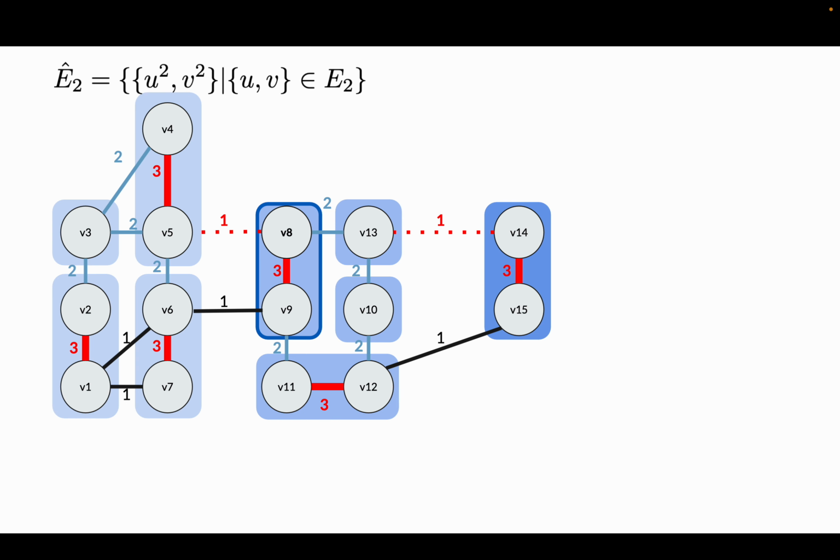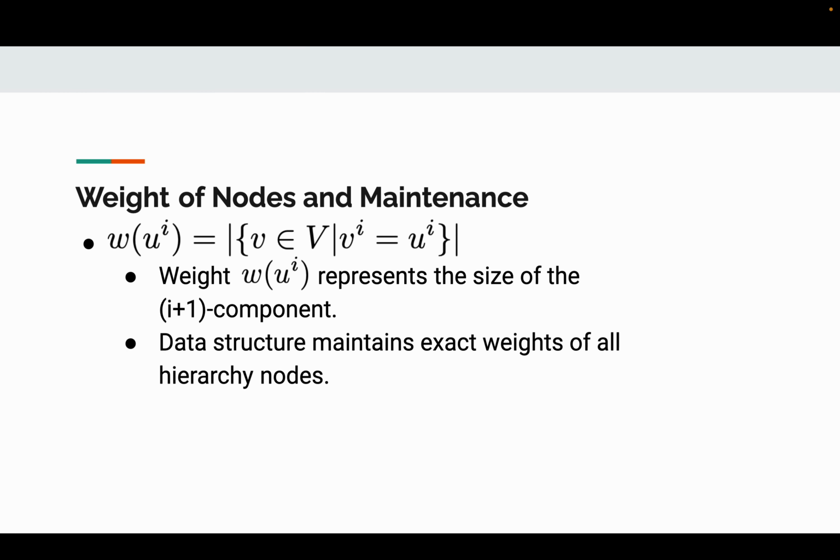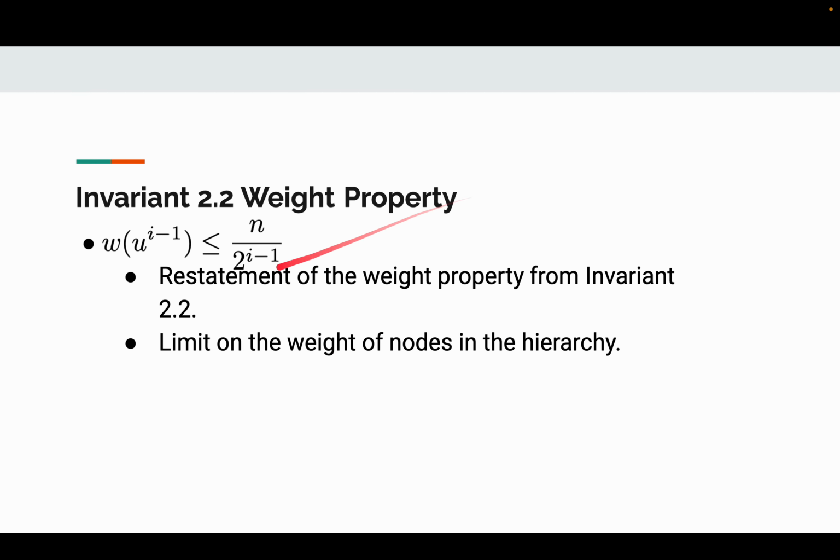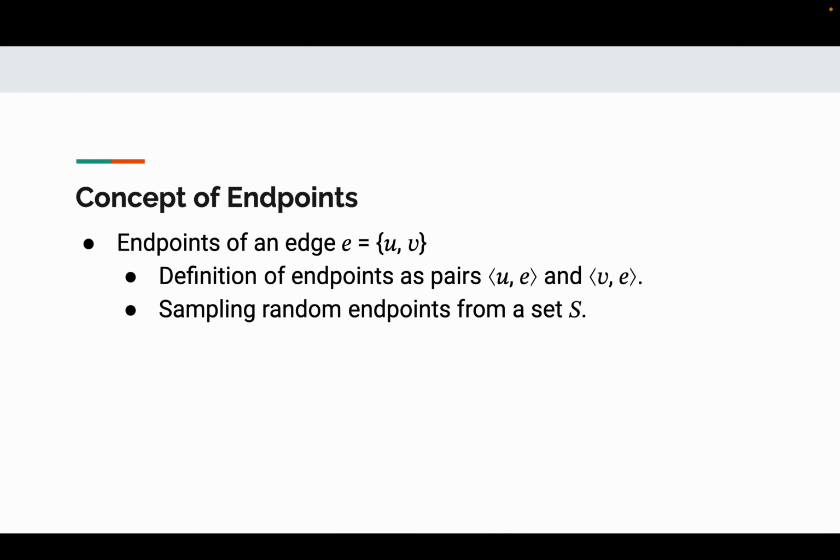Is that correct? Move up. So when we move up, I mean up is when we increase i, so it's the opposite direction in the hierarchy tree. The size of the kinetic component becomes progressively smaller, which is a key invariant that our data structure maintains to ensure efficient update and queries.